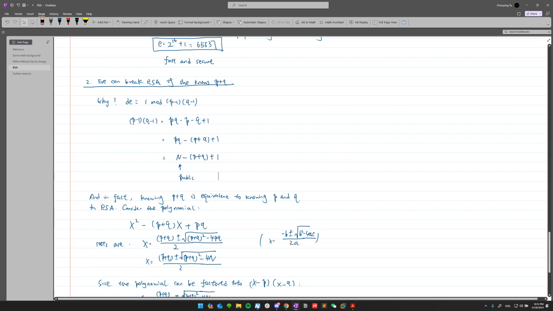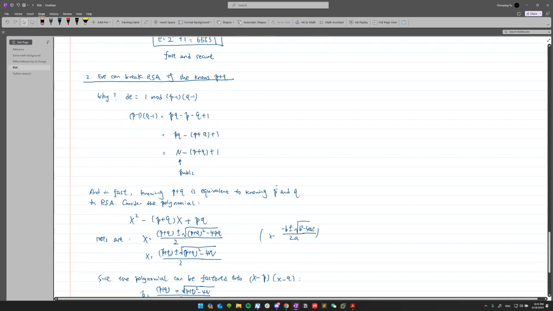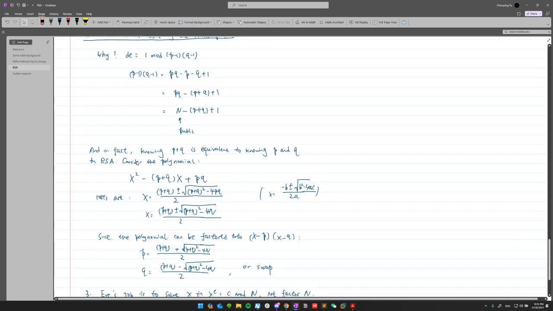And here's a fun proof that I claim that knowing P plus Q is equivalent to knowing P and Q. Why is that? Consider a polynomial with some x. This x is just a variable, okay? So x squared minus (P plus Q) times x plus PQ. You can use that famous quadratic formula to compute the two roots of this polynomial.